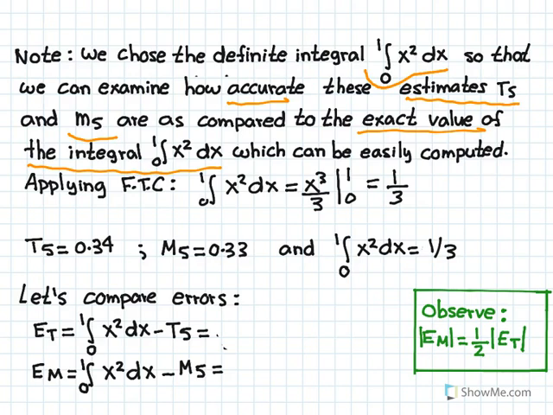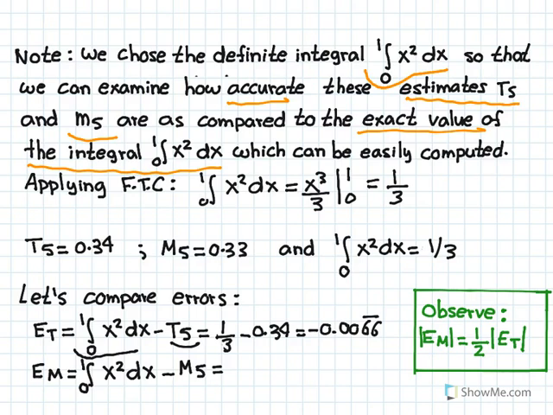Now let's compare the errors. So the error of the trapezoidal rule is the integral from 0 to 1 of x squared dx minus the trapezoidal approximation. That's going to be 1/3 minus 0.34. Plug into a calculator and we'll get minus 0.0066 repeating.